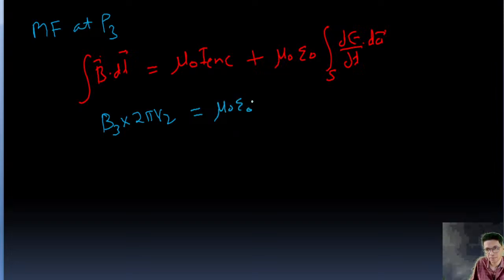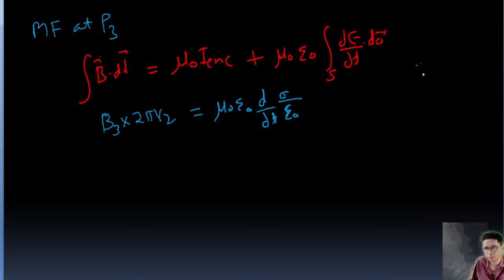mu0 epsilon 0 d upon dt, and E value we know, that is sigma upon epsilon 0, the electric field in between the plates of the capacitor, this we know.